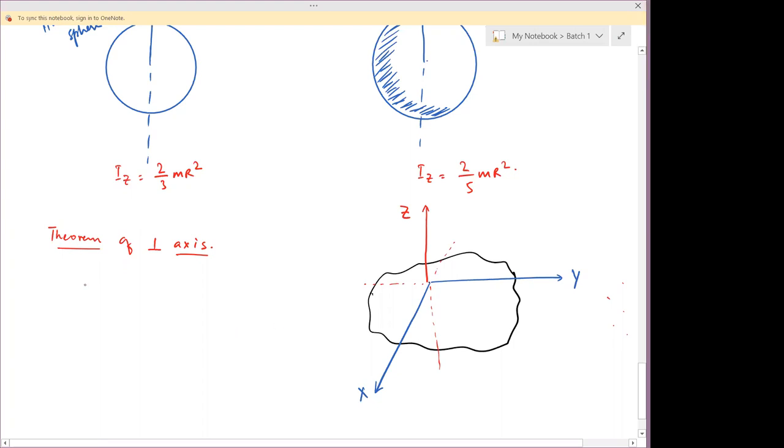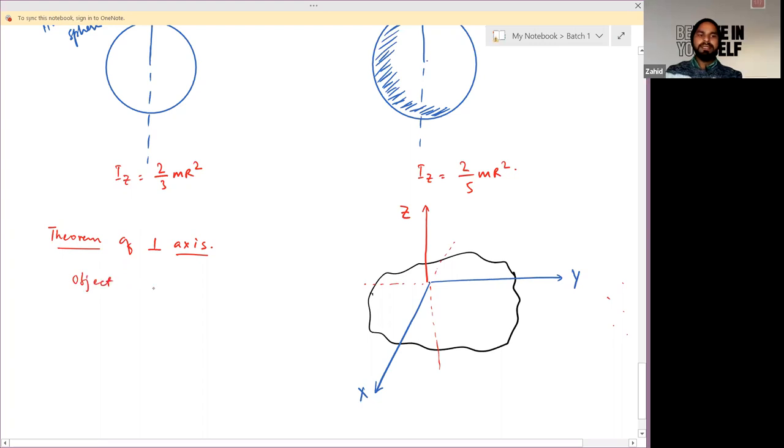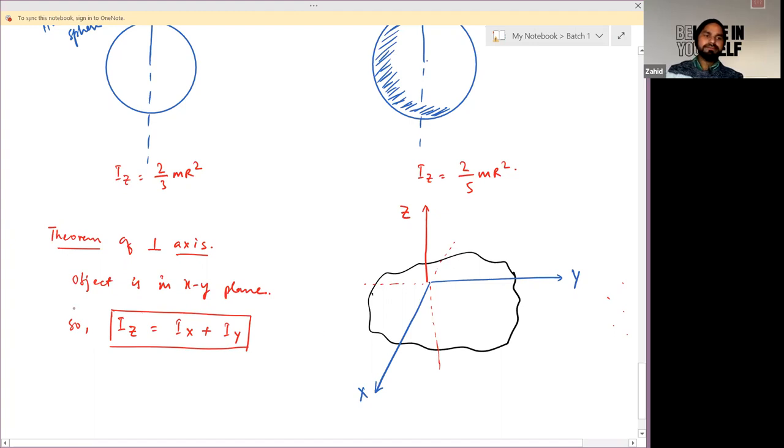Yes. So in this part, the object is in the xy plane, so the z-axis will be perpendicular to it. So according to the perpendicular axis theorem, Iz will be equal to Ix plus Iy. Is it clear? Yes, sir.